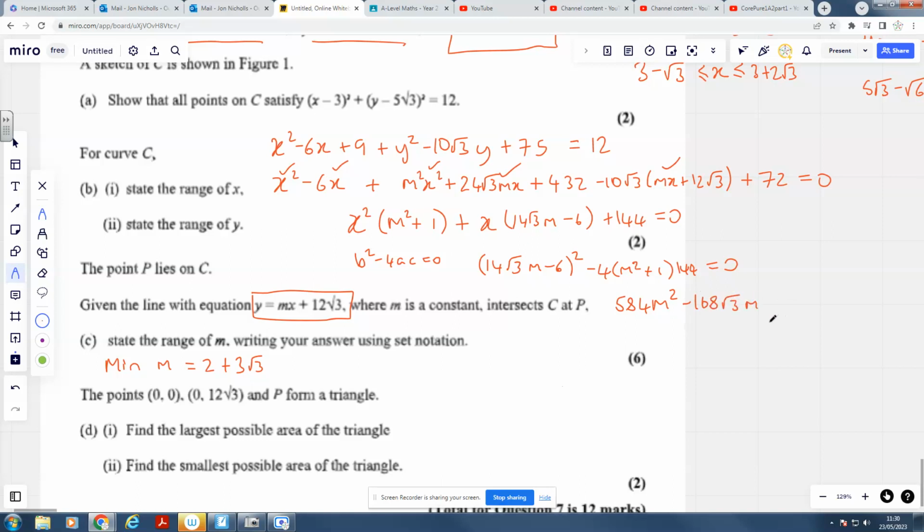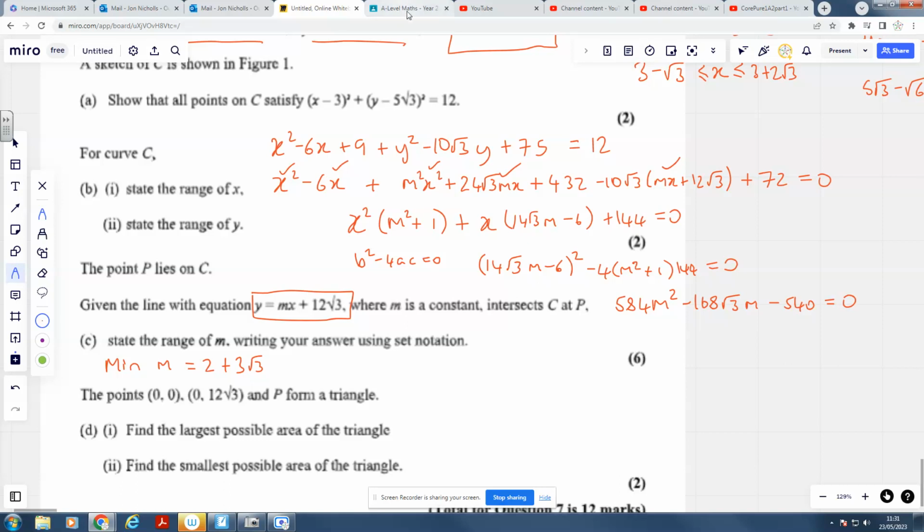Oh, it's so annoying. And then we're going to have at the end plus 36, but then minus 4 times 144. So I'm just working it out. You get minus 540 equals 0.